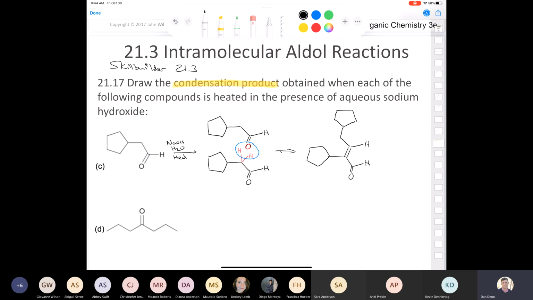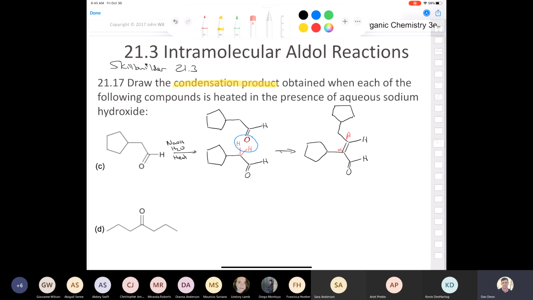And there you go. That's the product of the aldol condensation. Look, you get an alpha beta unsaturated aldehyde. Does that help using the skill builder method? Again, I highly recommend looking at the mechanism in detail. But if the skill builder method helps you, I don't have a problem with that.